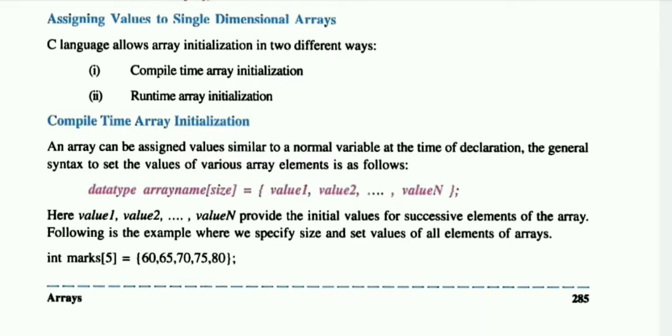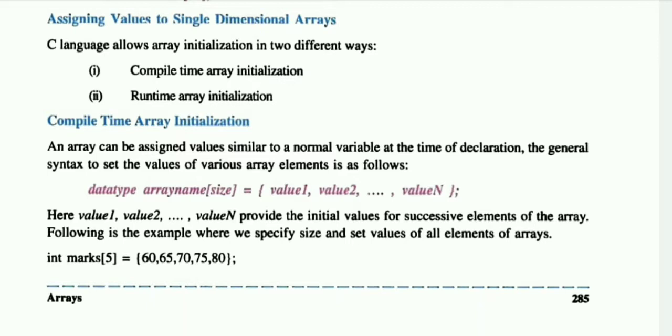An array can be assigned values similar to our normal variable at the time of declaration. This means when you are declaring your array variable, at that time only you can store values inside the variable. When you are writing the program, at that time you can specify the values. This process is known as compile time array initialization.